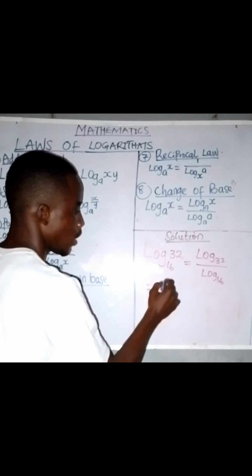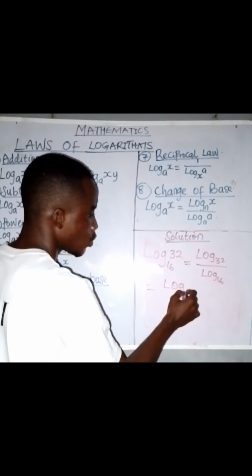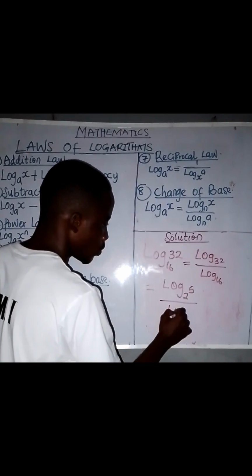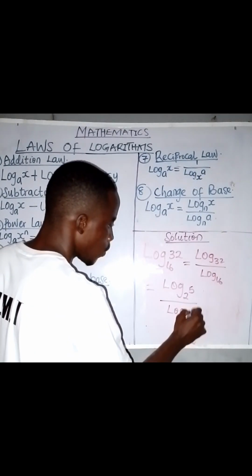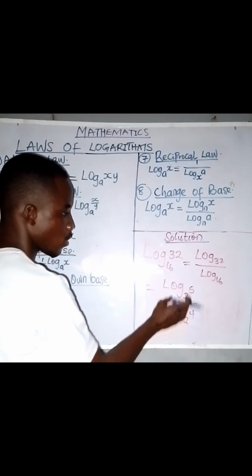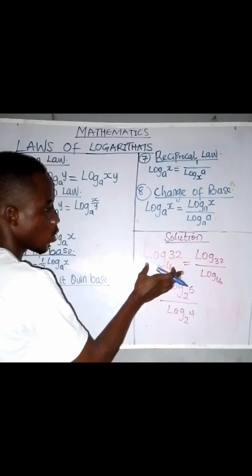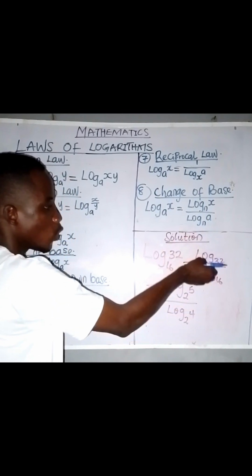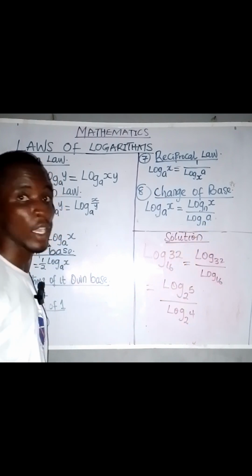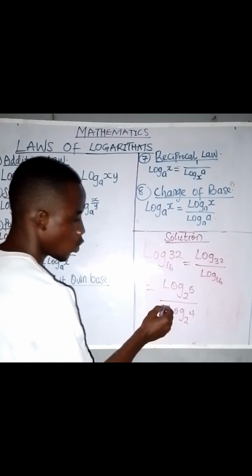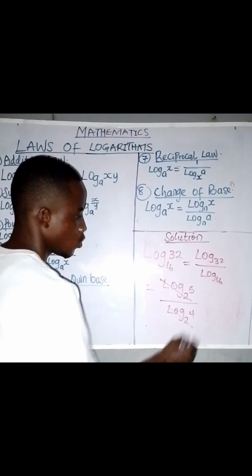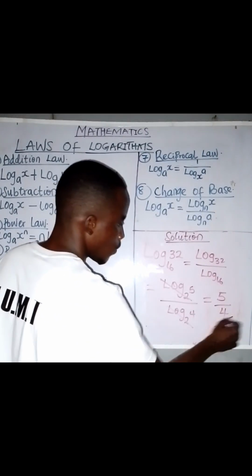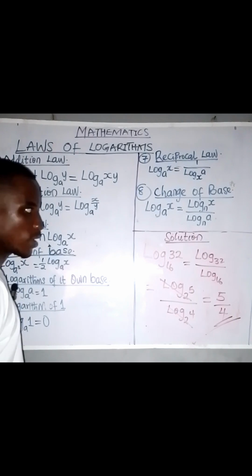So from here it becomes log 2 raised to power 5 over log 2 raised to power 4. Since I'm able to change their bases, they become separate logs on their own. So log 2 removes log 2, and I'm left with 5 over 4. That's my final answer.